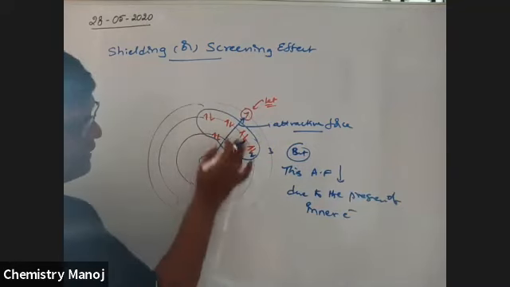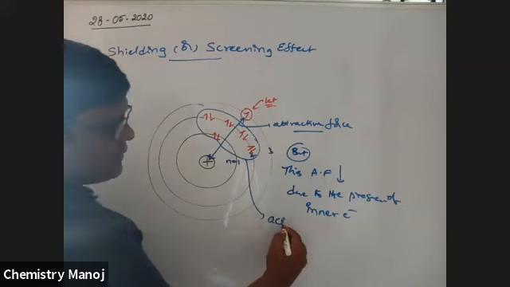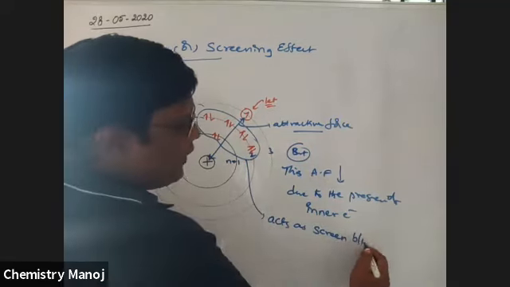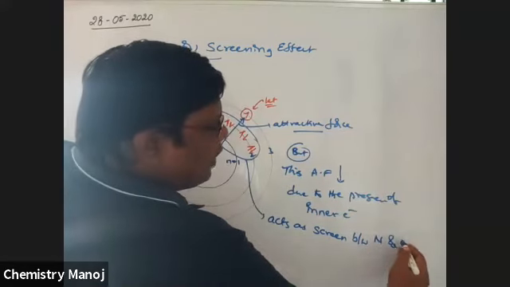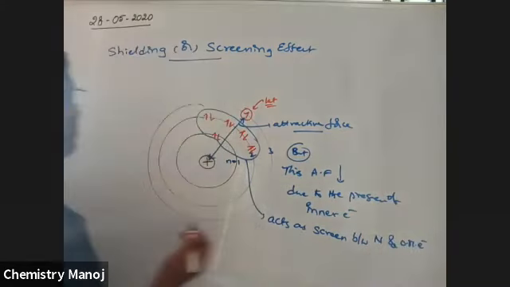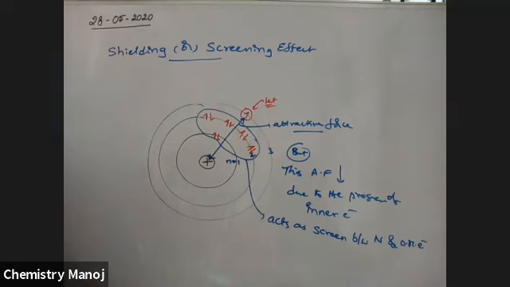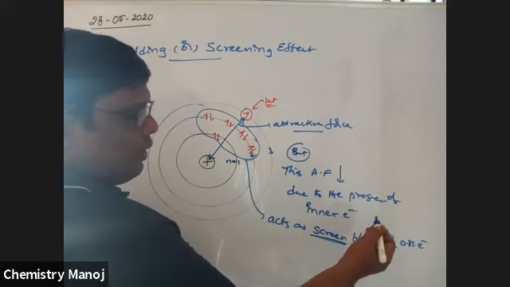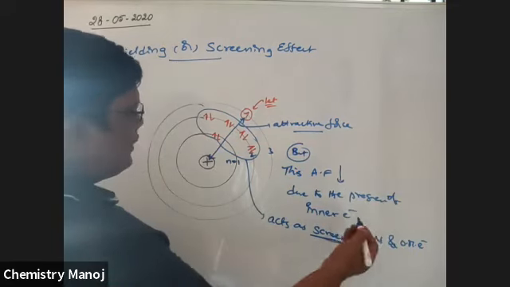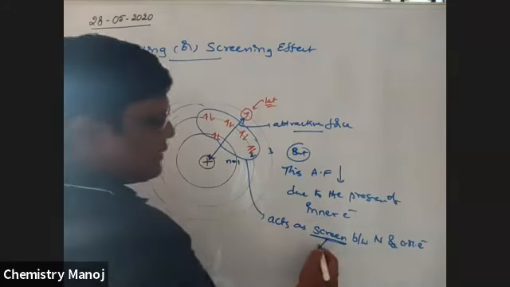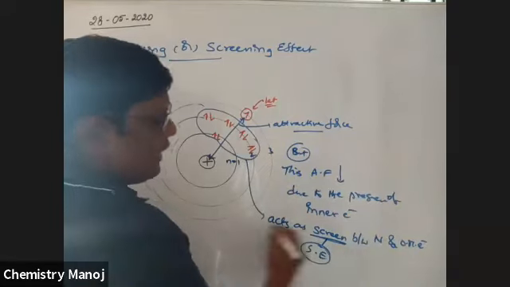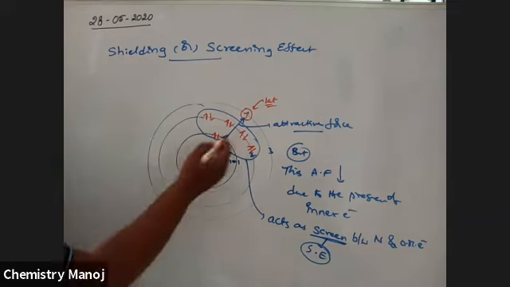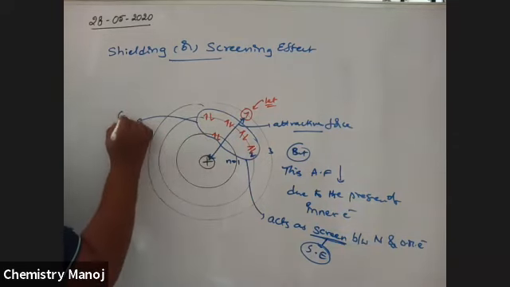That means these electrons act as a screen between the nucleus and the outermost electron. That's why this decrease of attraction over the outermost electron by the nucleus is called the screening effect or shielding effect. Those electrons present in the inner orbits are also called core electrons.